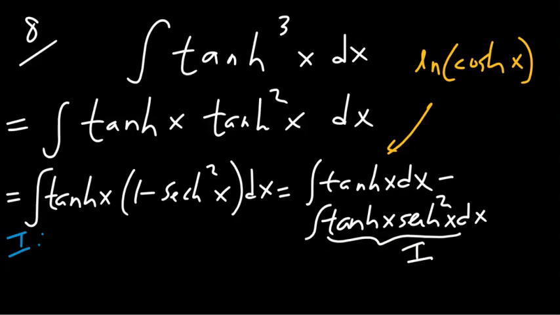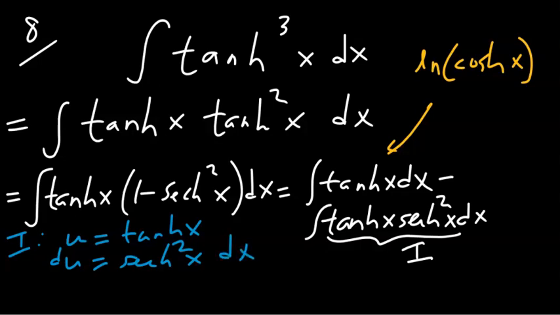Let's denote u to be hyperbolic tangent of x. So du is the square of hyperbolic secant of x dx. So I will simply become the integral of u du, which is half u squared, essentially.